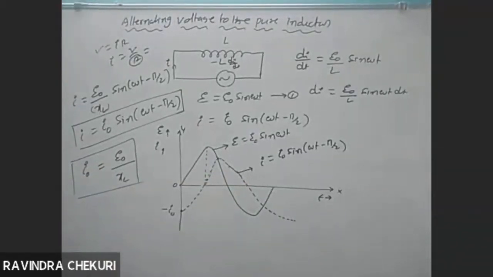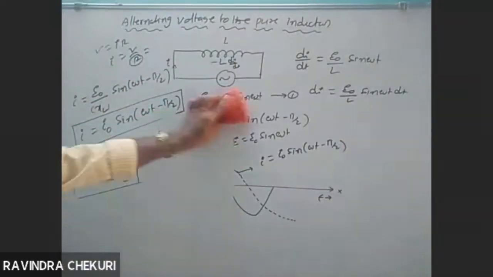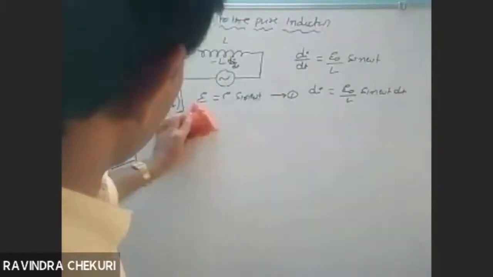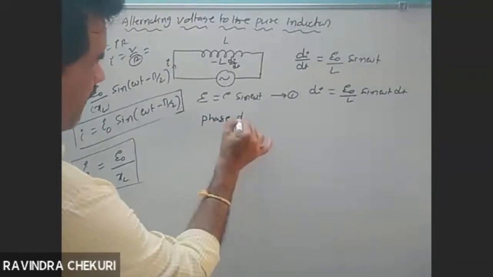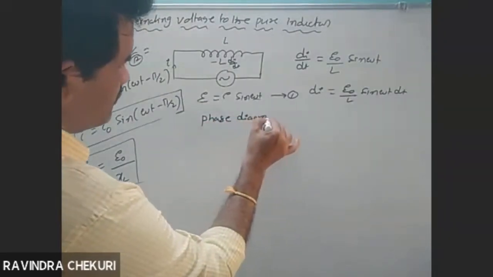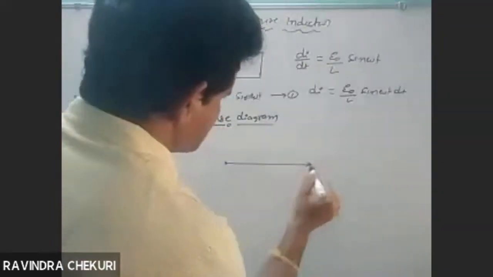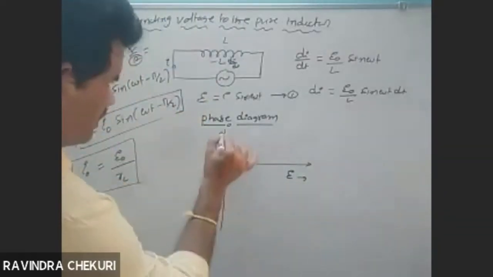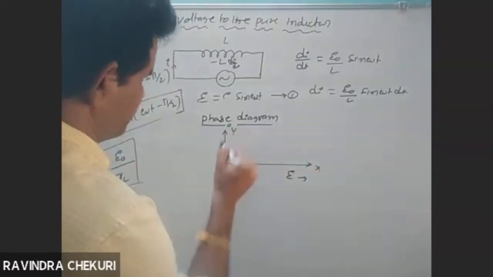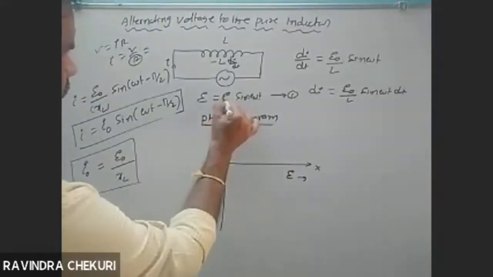What is a phase diagram? Phase diagram between EMF and current: along the x-axis, EMF; along the y-axis, current I. Compared to the EMF, what is the phase angle?